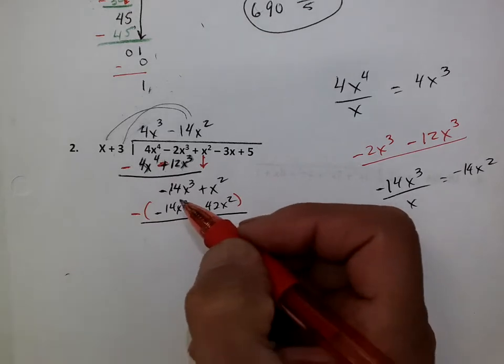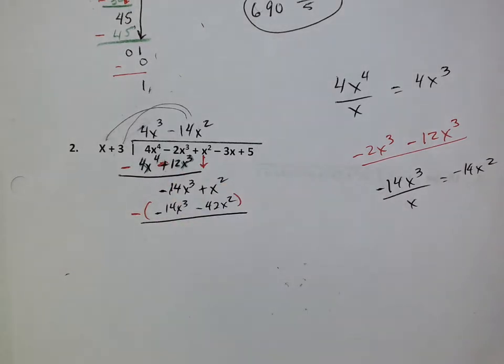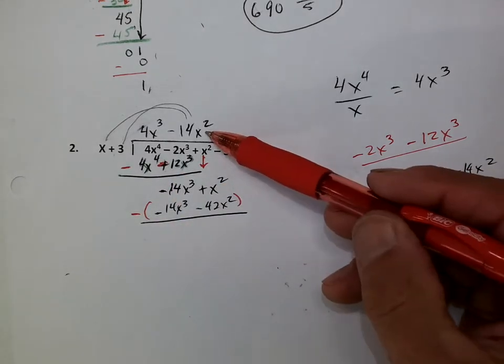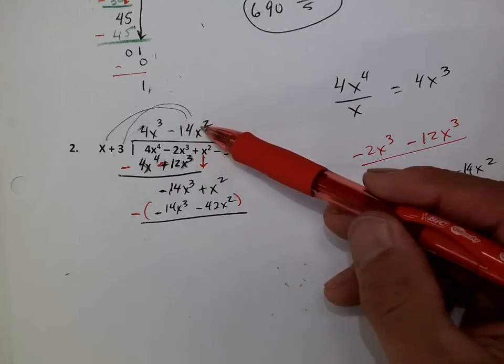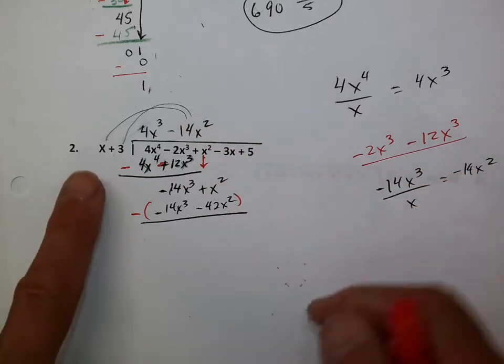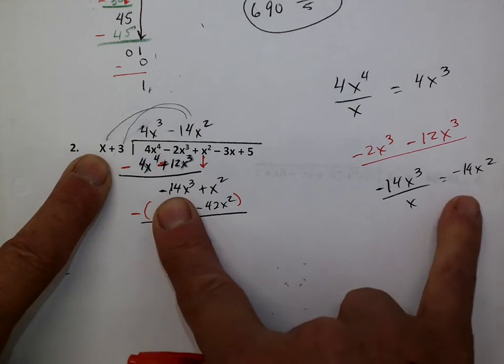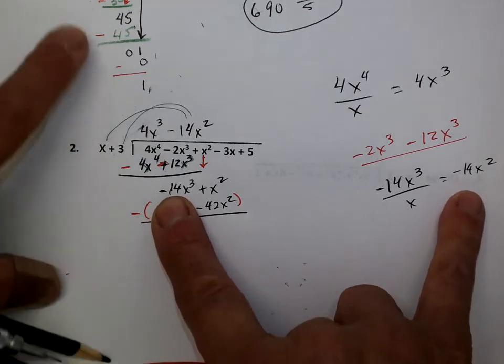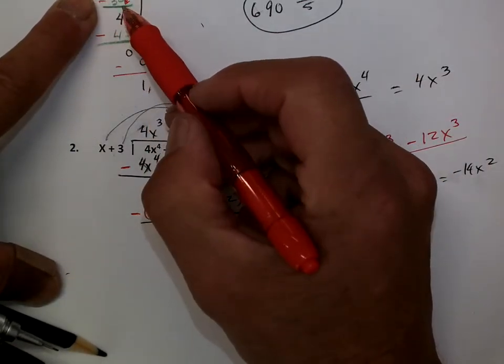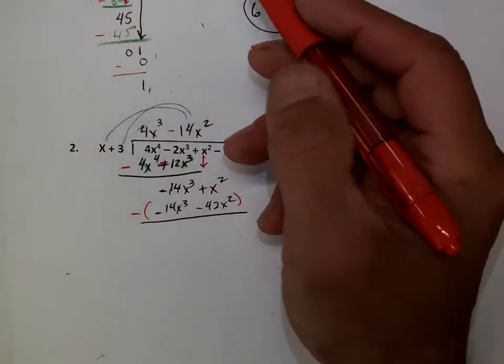Wait, really fast. On the top, where did the minus 14x squared come from? Great. I'm going to show it. So x goes into negative 14x cubed how many times? Just like we would have said 5 goes into 30, how many times? 6, right? Okay.